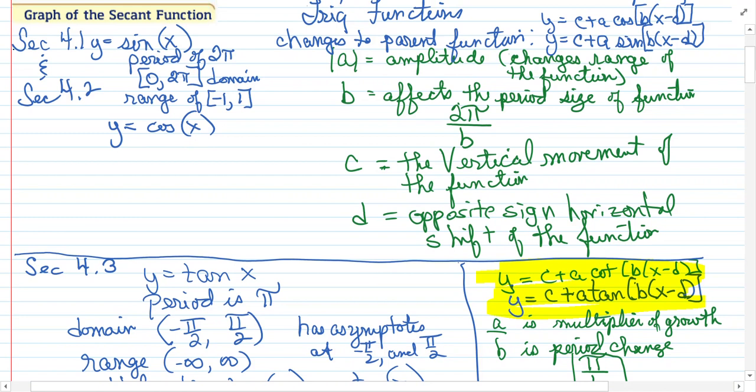In sections 4.1 and 4.2, we graphed y equals sine x and y equals cosine x. And in 4.1, we did that so we could figure out that the period was 2 pi. And a period is one complete cycle of the function.